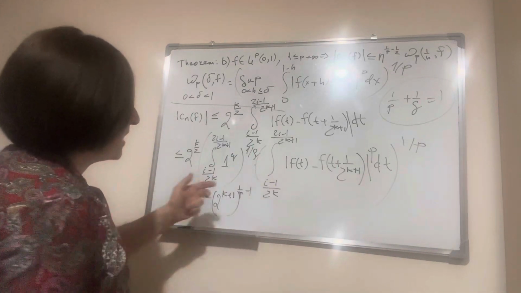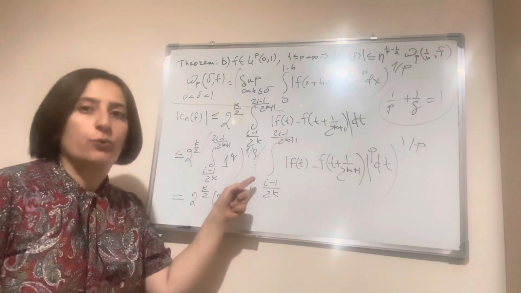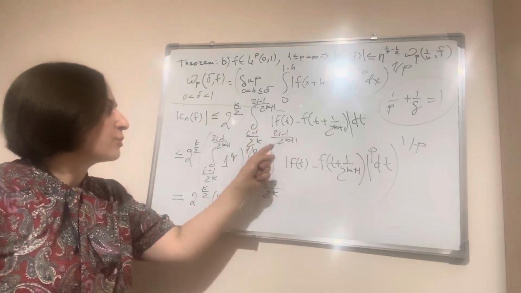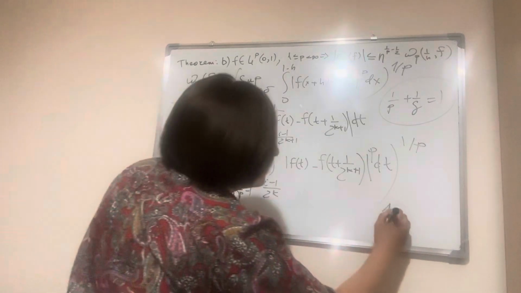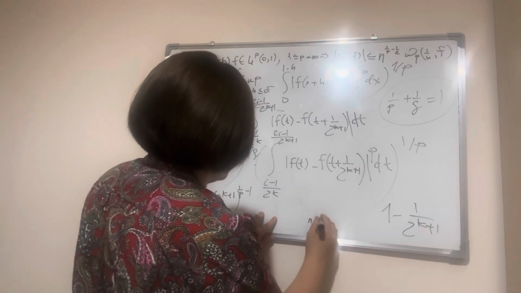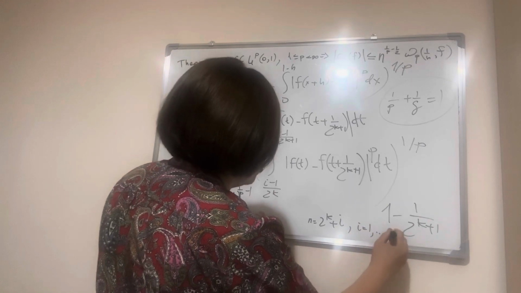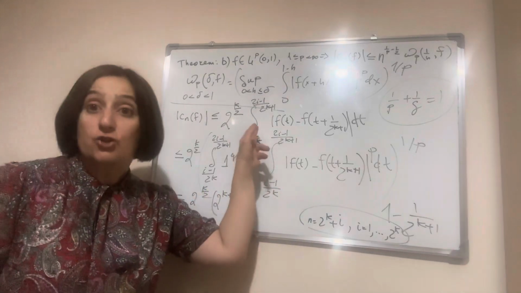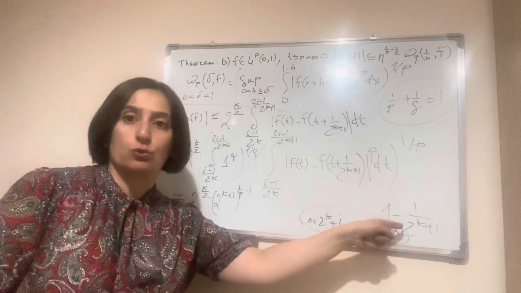Then, the smallest value which the lower bound of the integral takes is 0, and the largest value for the upper bound of the integral is 1 minus 1 over 2^(k+1). Recall that n is 2^k plus i, where i changes from 1 to 2^k. So we use it here.